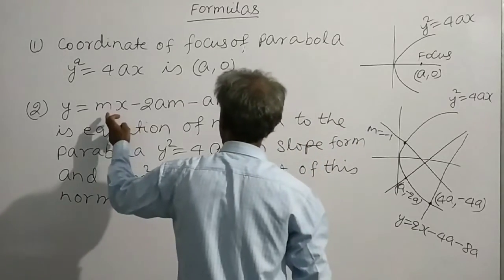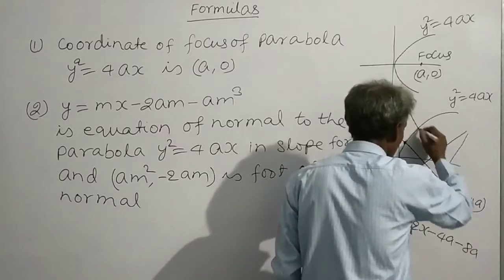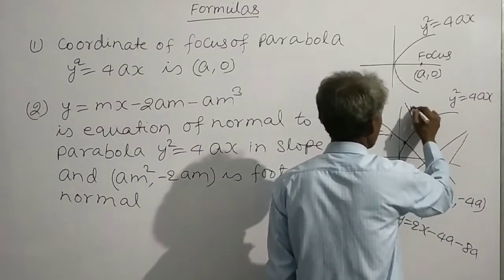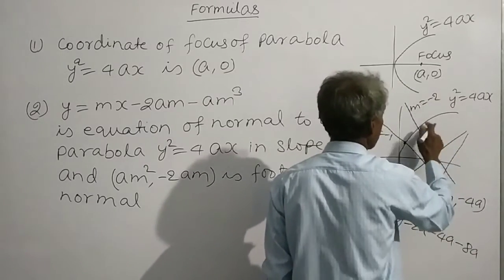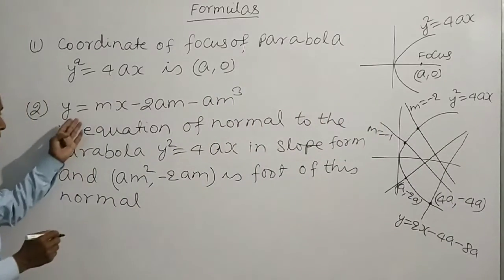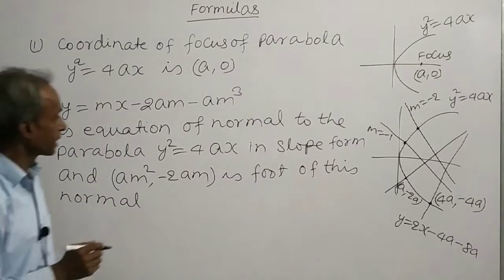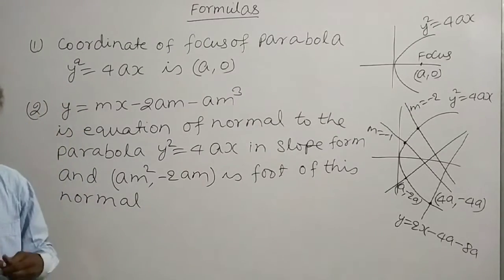When we put m is equal to minus 2, we get another normal at another point. This is the meaning of this formula. Now I will explain the third formula.